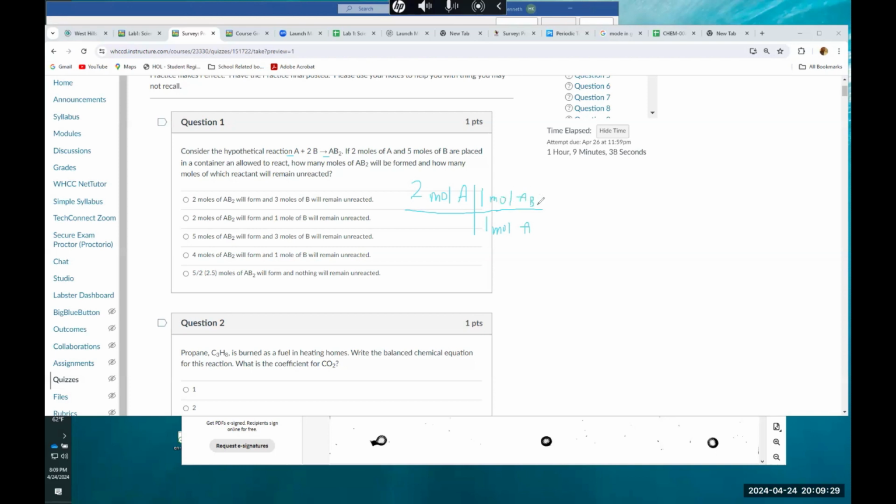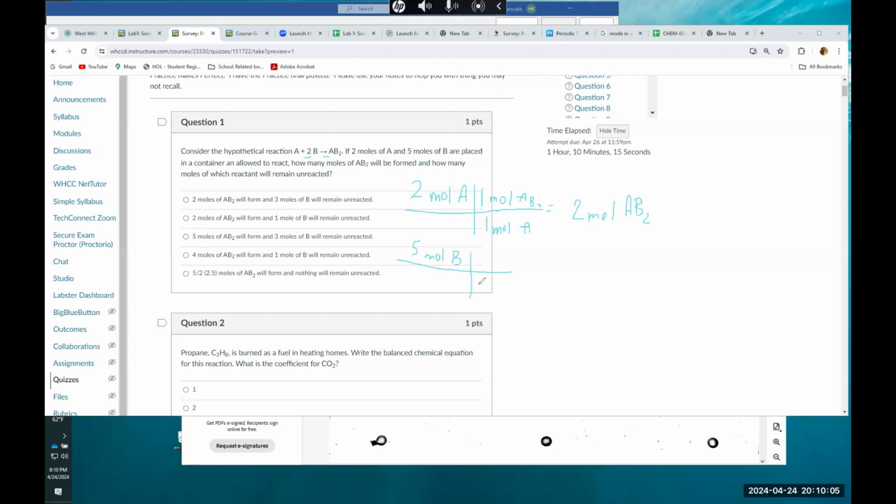Sorry, AB2. So if we have 2 moles starting out, we can only make 2 moles of AB2. Now, if I have 5 moles of B, what is the ratio between B and AB2? There are 2 Bs.